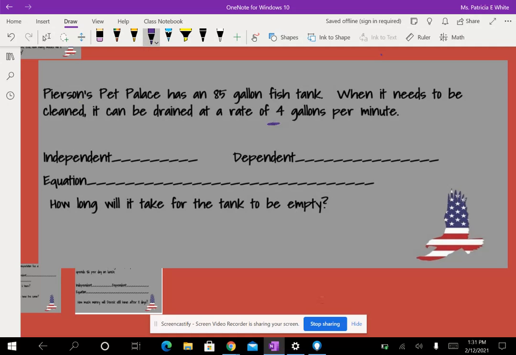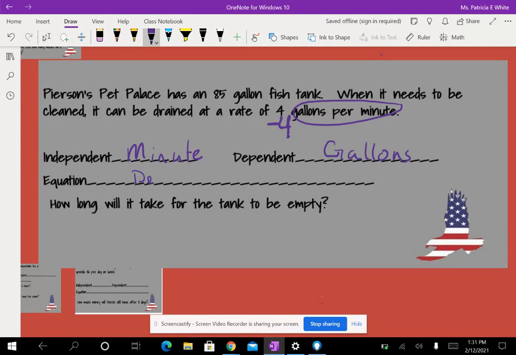So again, I'm going to have a negative rate. Okay? All right, so who's my independent and dependent? Gallons per minute. So my minutes are going to be independent and my gallons are going to be dependent.